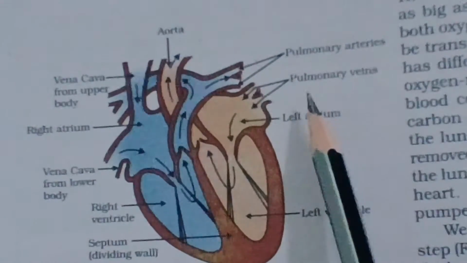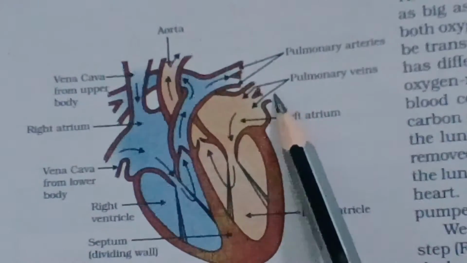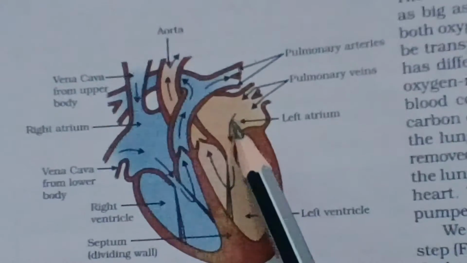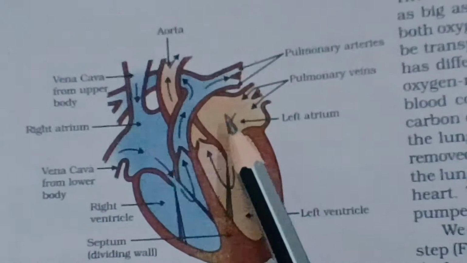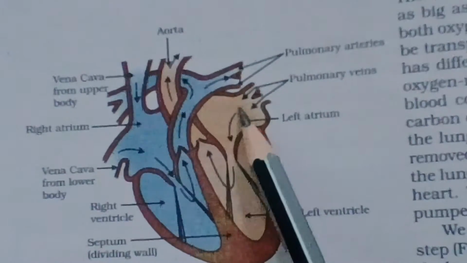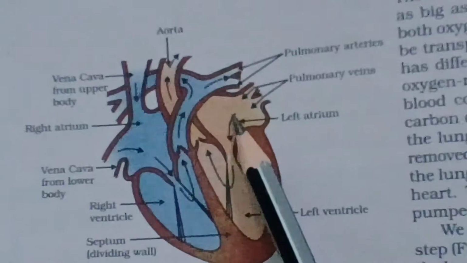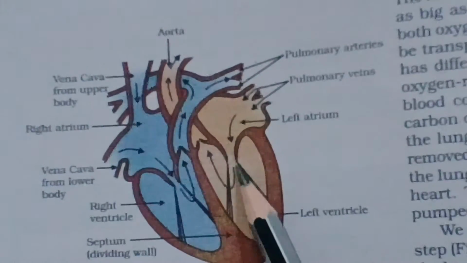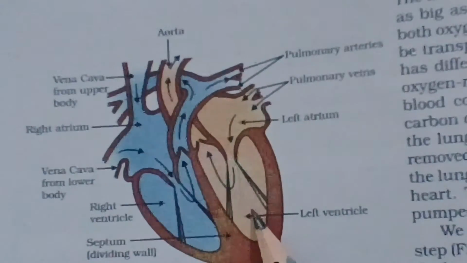Okay, so through the pulmonary veins from the lungs, the blood enters first where? Left atrium, right? Once it relaxes, the blood will enter here, the left atrium. Then it contracts and the walls open and it enters the left ventricle.